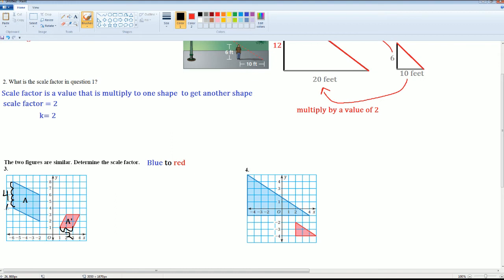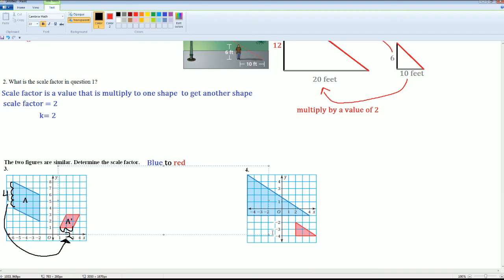How do you go from 4 to 2? What did you multiply by? It seems like you multiply by a half.